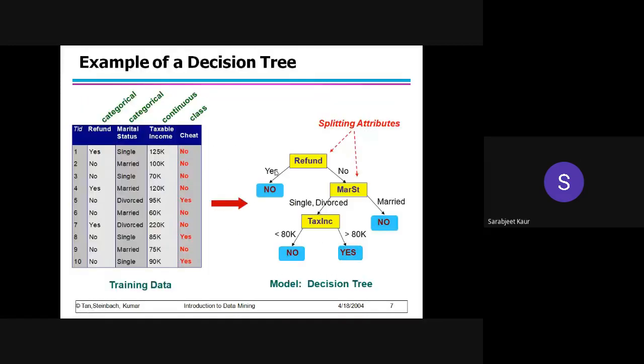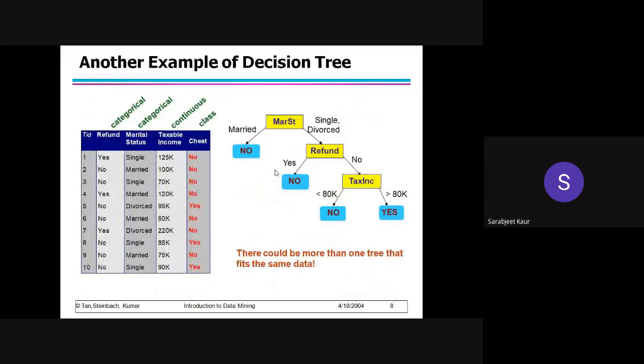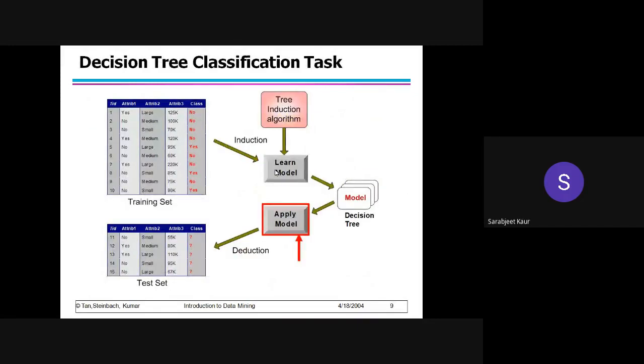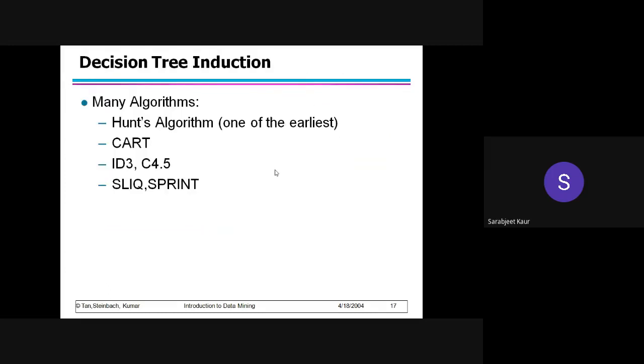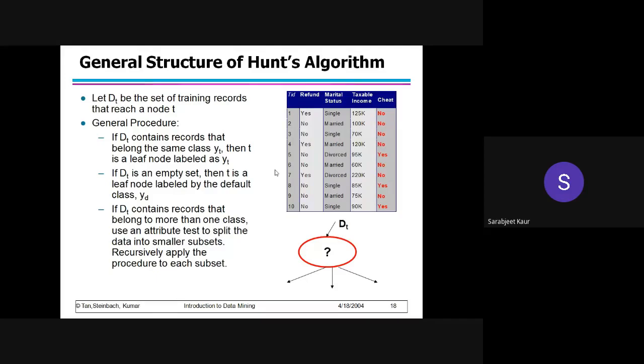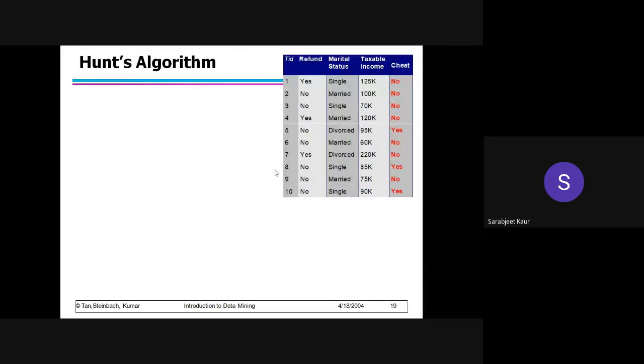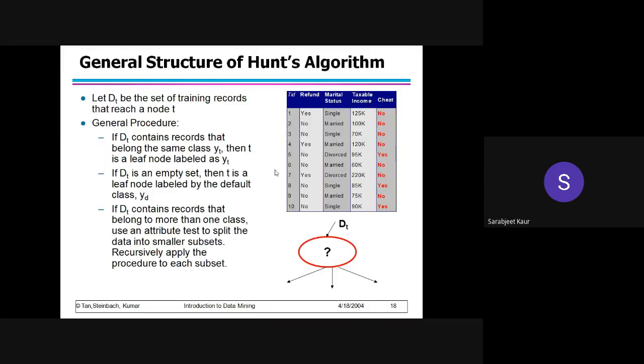So last time, after looking at the various examples and definitions of the decision tree, we did Hunt's algorithm, right, in detail. In Hunt's algorithm, please see, we had very broadly specified two termination clauses.